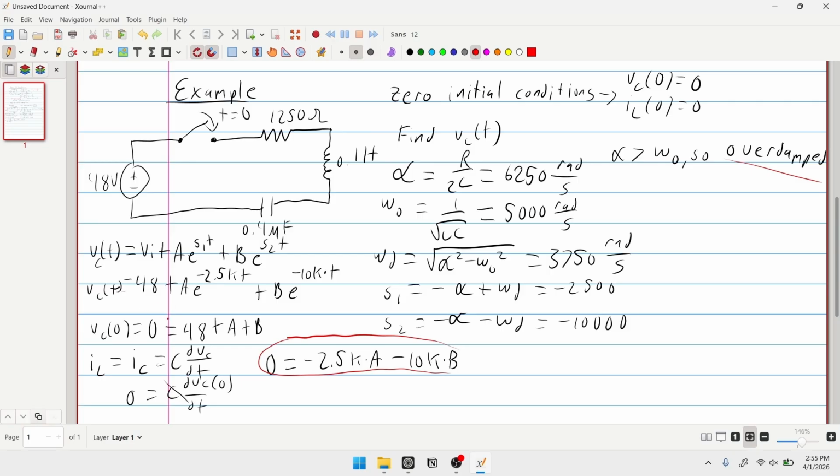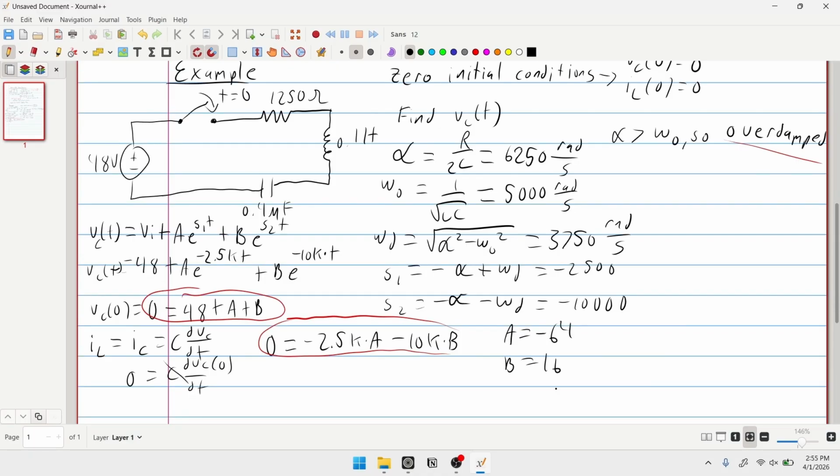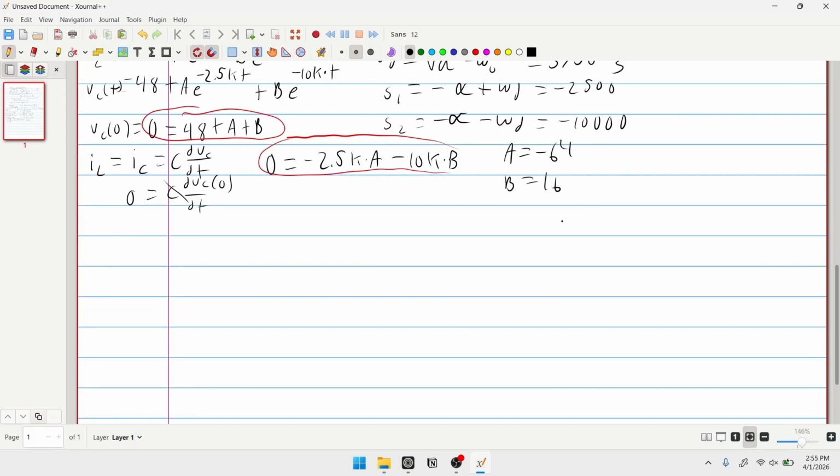If we plug this into our calculator, we should find that A equals negative 64 and B equals 16. Plugging them into our solution, we get that the capacitor voltage is equal to 48 minus 64 e to the negative 2.5K t plus 16 e to the negative 10K t. And that's our answer.